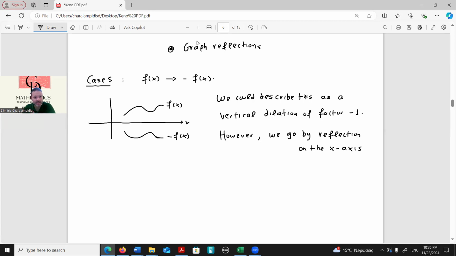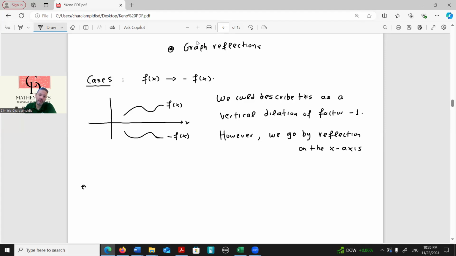Remember that the negative sign can be described as a reflection, and if the negative sign is outside, in the output, it can be seen as a reflection on the x-axis. And this will help us describe the presence of any negative sign.